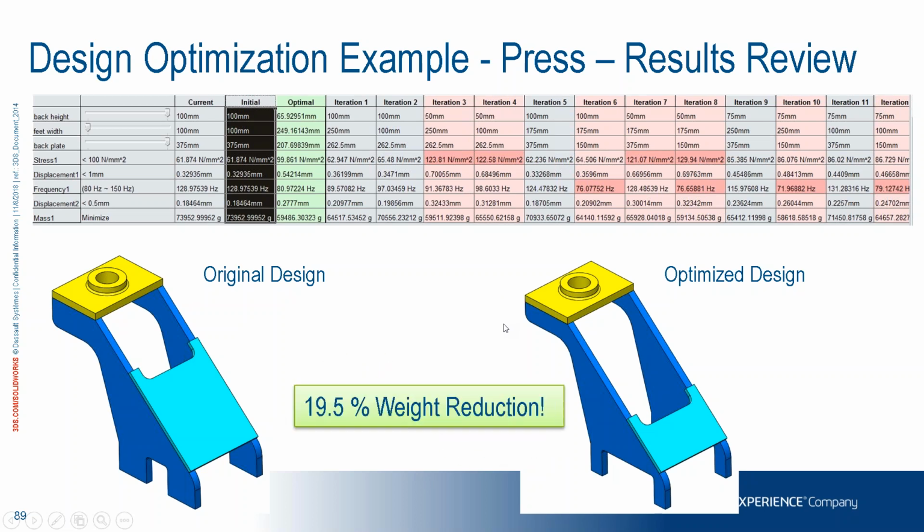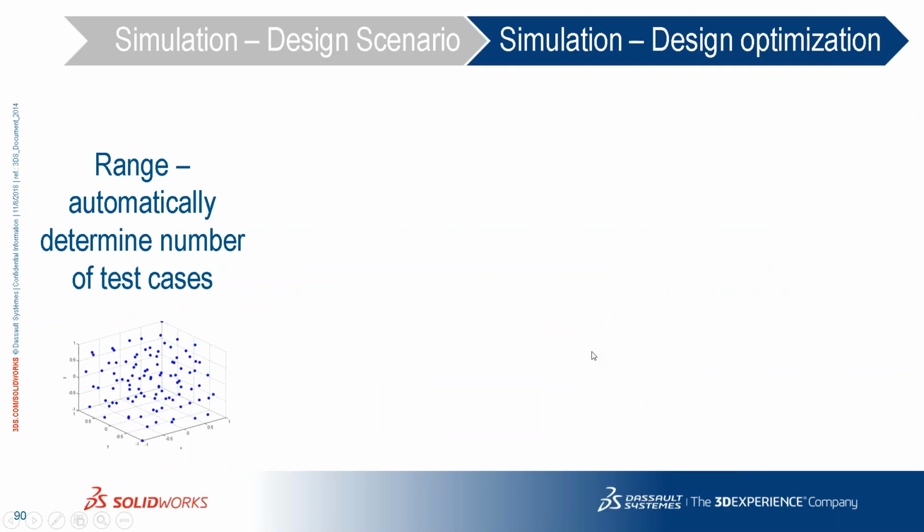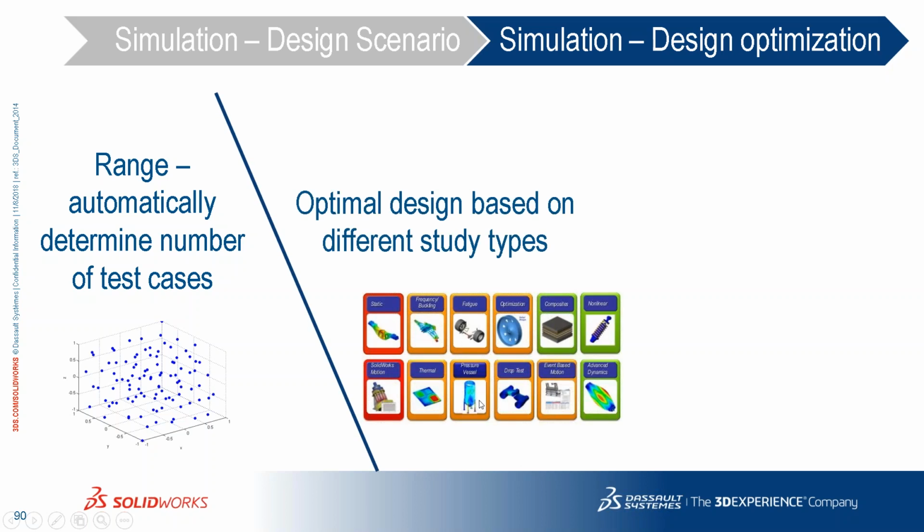Okay, and the final remark is that there was almost a 20% weight reduction. So I think I will summarize the benefits. As you saw, the range allows to automatically determine the number of test cases. So even if you have lots of variables, you will study only a subset.